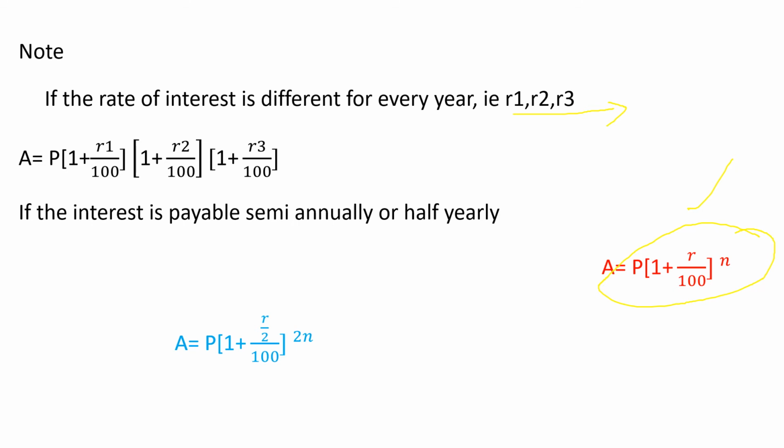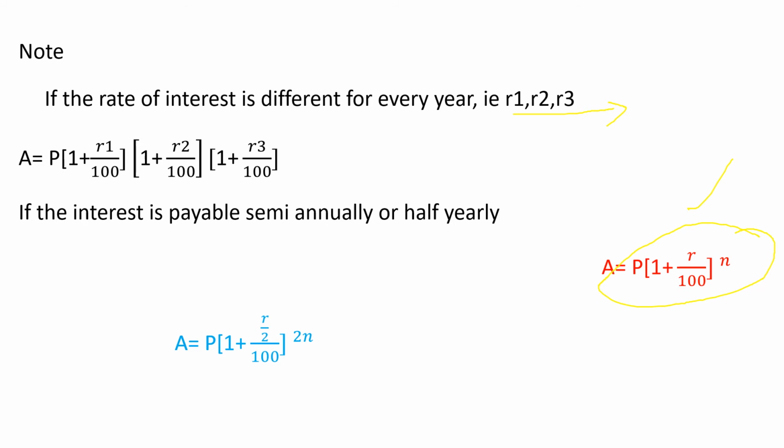So amount equal to principal into 1 plus R1 by 100, into 1 plus R2 by 100, into 1 plus R3 by 100. If R4 is there, then 1 plus R4 by 100; if R5, then 1 plus R5 by 100. Like that we will be writing the formula. So if the rate of interest is different for every year, the formula is: amount equal to principal into 1 plus R1 by 100, 1 plus R2 by 100, 1 plus R3 by 100.